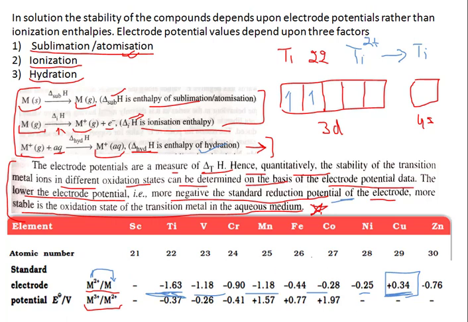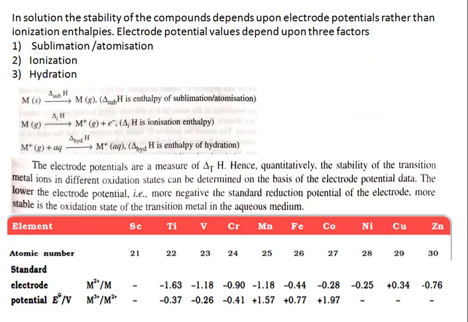Now, why does copper have this positive value? Copper has this positive value of standard reduction potential, reason being, for copper the reduction potential value is positive.